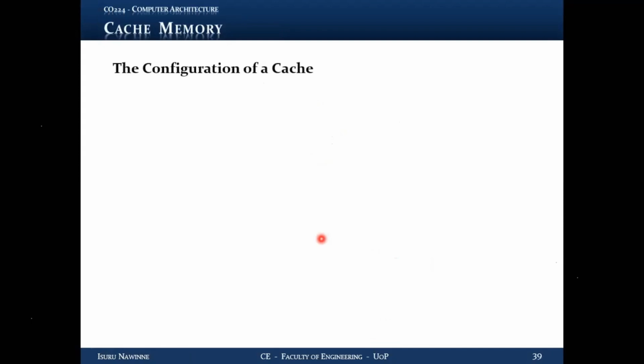Then we'll talk a little bit about another term that we use with caches, the configuration of a cache. The configuration of a cache has several parameters that we have looked at so far. One of them is the block size. The block size is simply the size of a block, right?